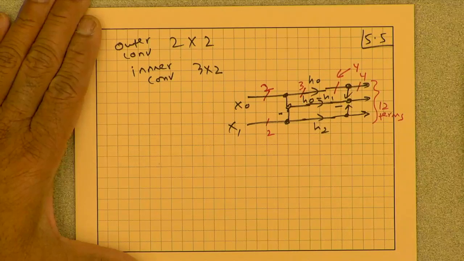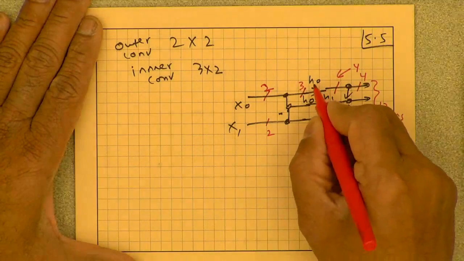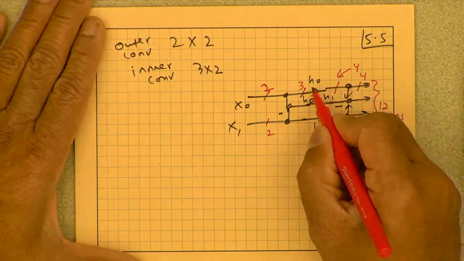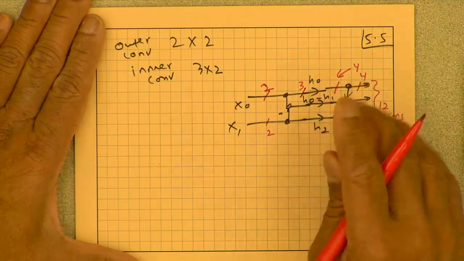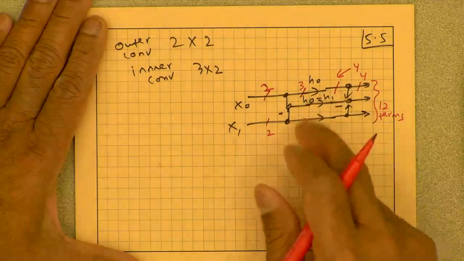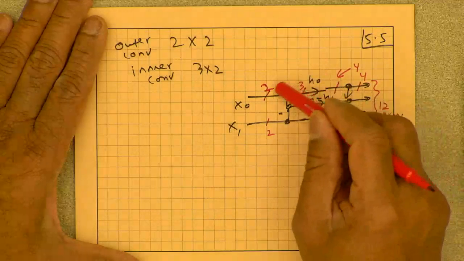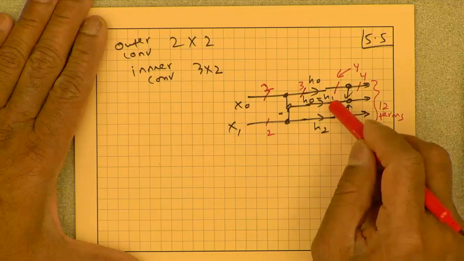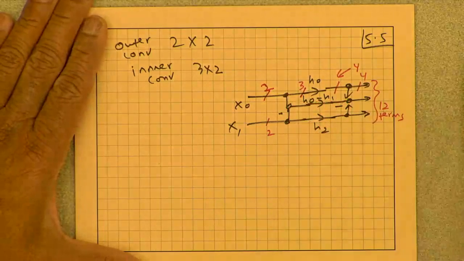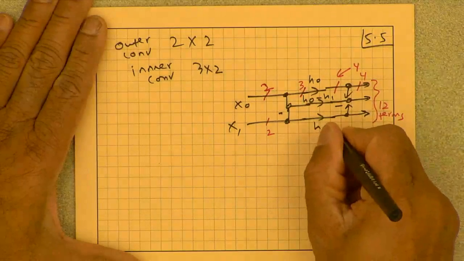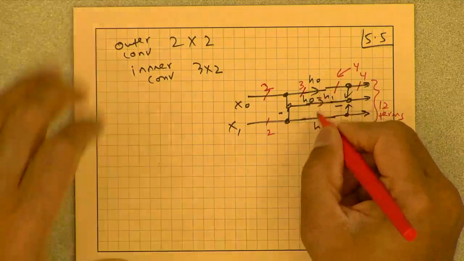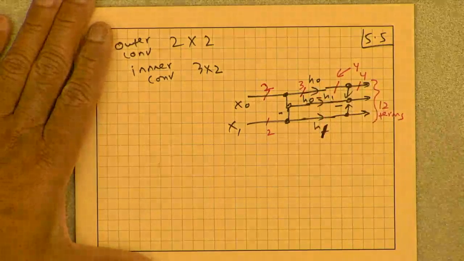All right. So each one of these is going to be a 3 by 2 convolution. At the outer level, it looks like a 2 by 2 structure, but as you dive deep inside, each one of these is h0 times x0, h2 times x1, h0 minus h1 times x0 minus x1. So this is not h2, this is h1. Each of these is going to be a 3 by 2 convolution.